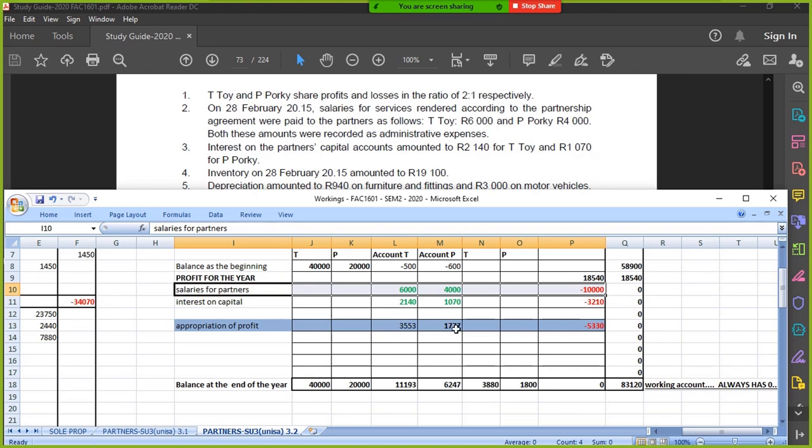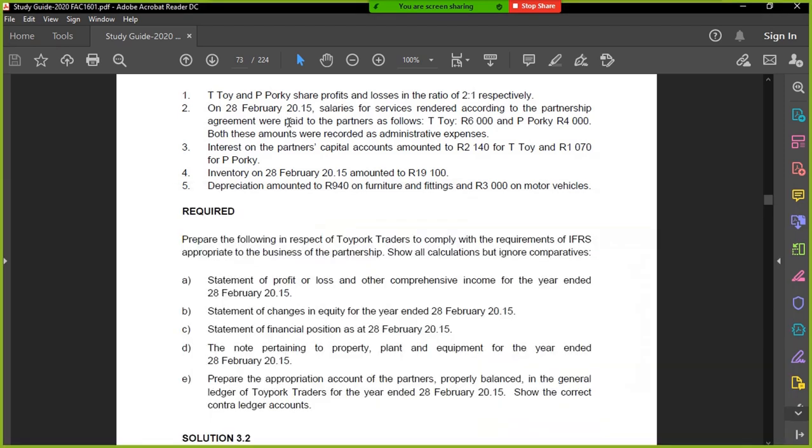Yeah, but the last time we didn't record it as drawings when we had salaries. Because they have to tell you if it's paid to partners or not. See, here it said it was paid to partners. Do you see that? Yeah. Okay, so how do you pay partners their salaries? By drawing it.